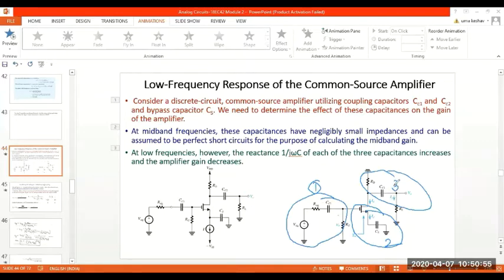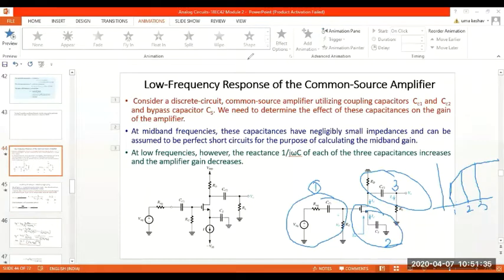All these three capacitances will have an effect, and each will result in a different lower cutoff frequency. So you will have a response something like this. This will be one lower cutoff frequency, another, and a third one. Three lower cutoff frequencies due to three capacitors: CC1 will result in one value, CC2 in another, and CS in another.